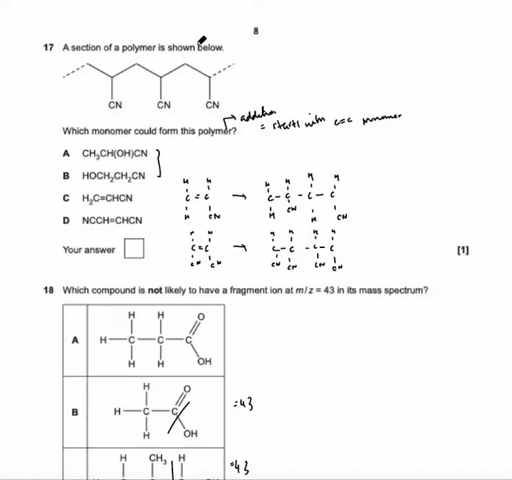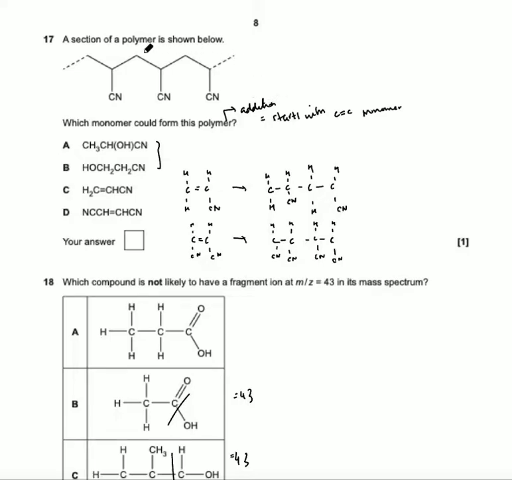A section of a polymer is shown below. Which monomer could form this polymer? Okay, so this polymer is formed by addition reaction, and that means we had to have started out with double bonds. So the first thing we look for is double bonds. The other type is condensation reaction, because we have OHs, which means the removal of water.